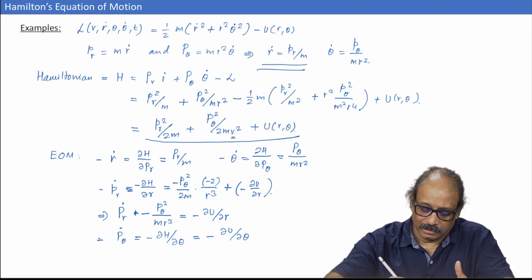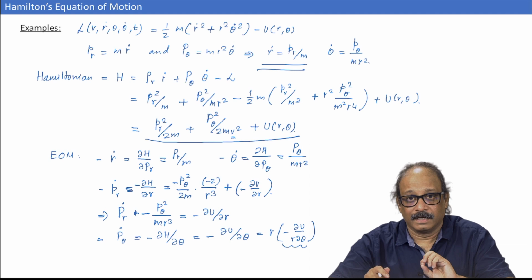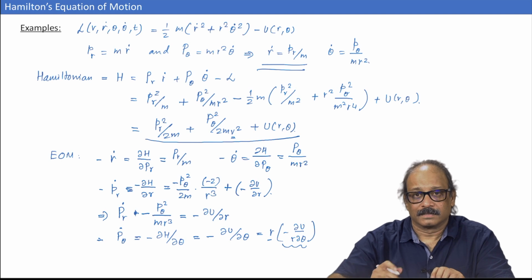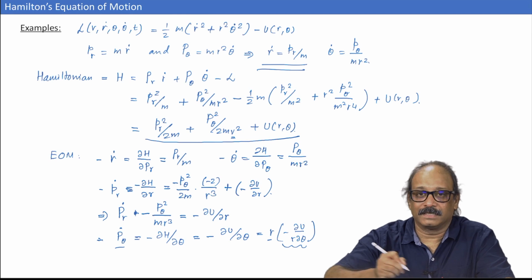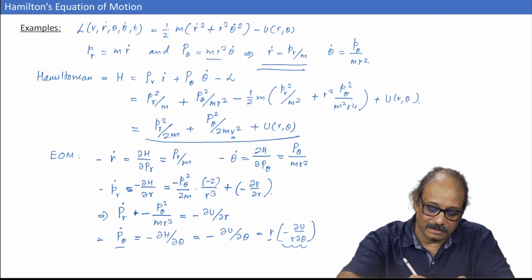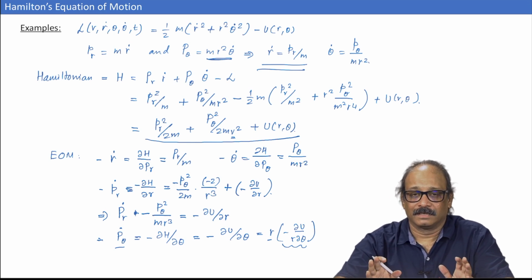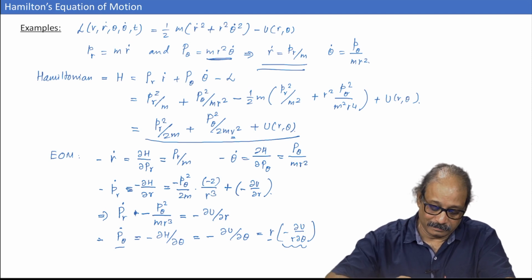And if you want, we can think of this as r times minus 1 over r del u by del theta. If you recognize this, this is nothing but the tangential force in the direction of theta cap multiplied by r, that gives you the torque about the origin. And what do you have here? p_theta. If you look at what p_theta is, that is angular momentum. It is the dL by dt is equal to torque equation. Okay, that is what we expected to get anyway.